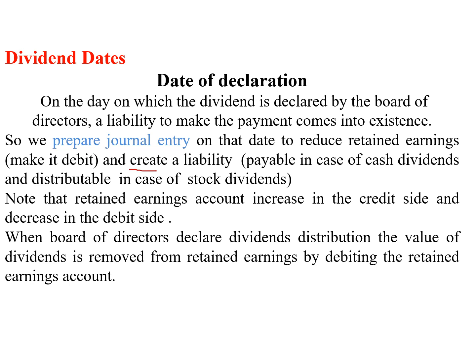We create a liability payable on the corporation to the shareholders. That's why we need to prepare a journal entry on date of declaration of the dividends to record the liability.